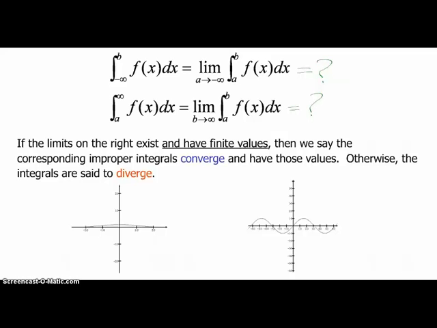So we find that if these limits to the right of the equal sign here exist and have a finite value, we can actually do the fundamental theorem inside that limit and we get a real number value, then we say that the unbounded area represented by this improper integral converges.